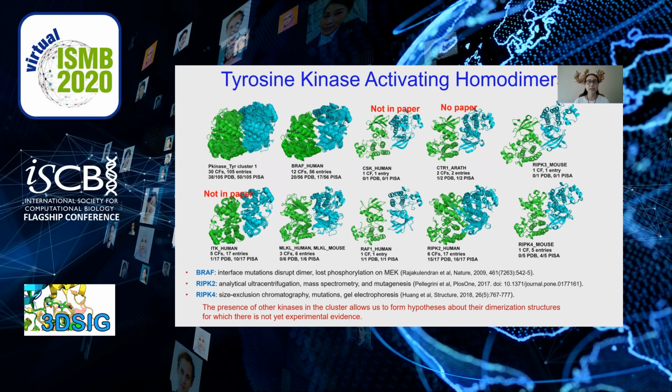The second one is an activating homodimer for tyrosine kinases. This is the biggest cluster for the Pkinase_Tyr Pfam. It consists of 9 different kinases.